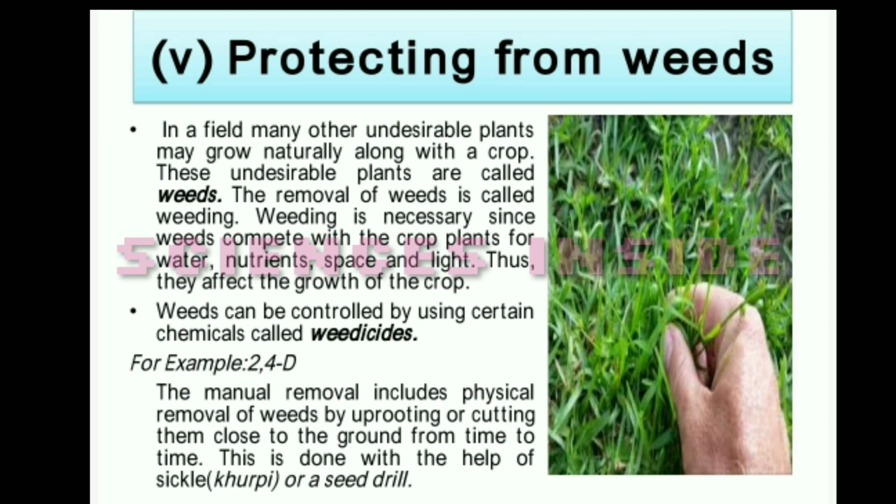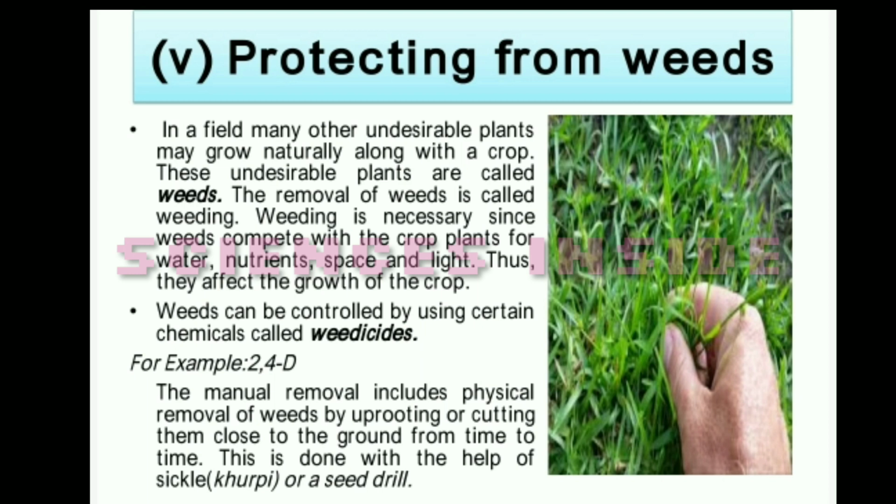Crops can also be attacked by bacteria, viruses and fungi. These organisms can cause various crop diseases and thereby reduce the yield. Crops have to be protected from a variety of animals such as insects and rodents which may damage or eat the crop. These are known as pests.